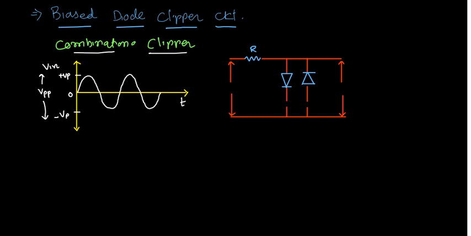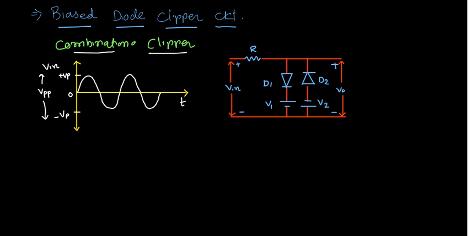And one is a positive bias, this side is a negative bias. This is V input, positive, negative. This is V output, positive, negative. This is diode D1, over here V1, this is diode D2, over here V2.